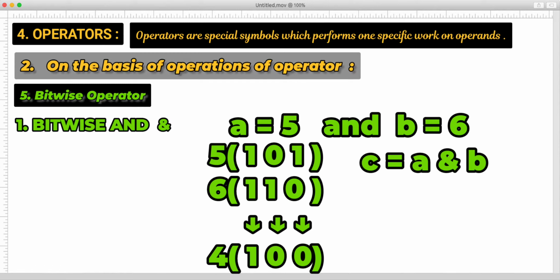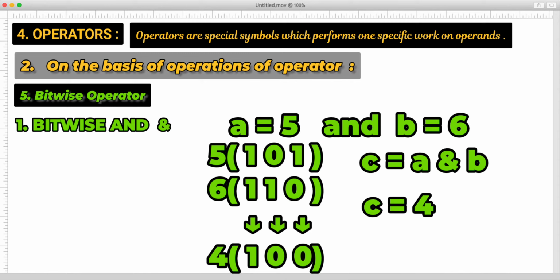Now we have converted these integers into their binary digits, so we are on the bit level. So we will perform the AND operation on every binary digit. As you can see on the screen, first we perform with 1 and 1. Now 1 and 1 is 1. Then 0 and 1 is 0.